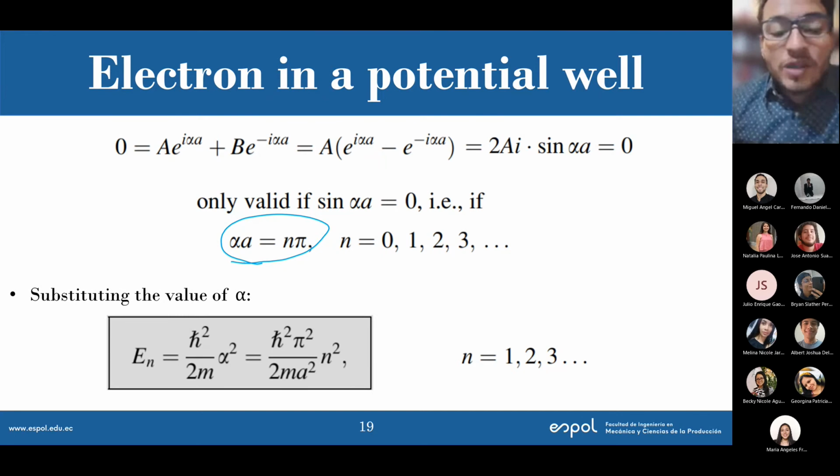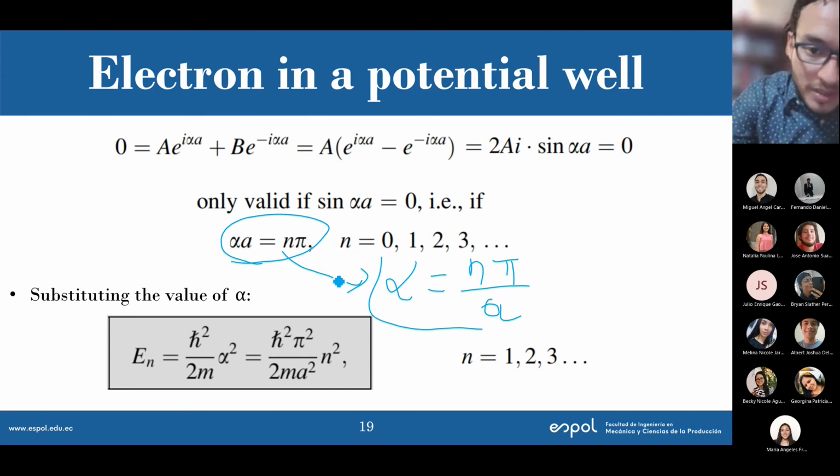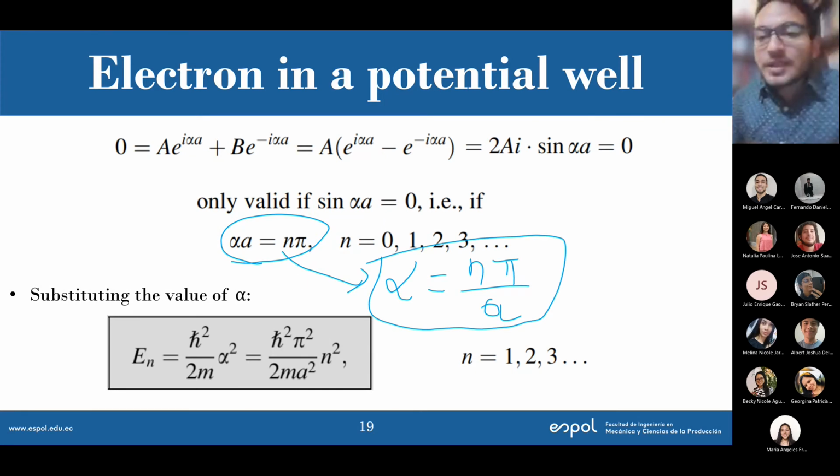Now, here comes the key. Alpha is equal to what, guys? n times pi over a. And this is the new alpha.